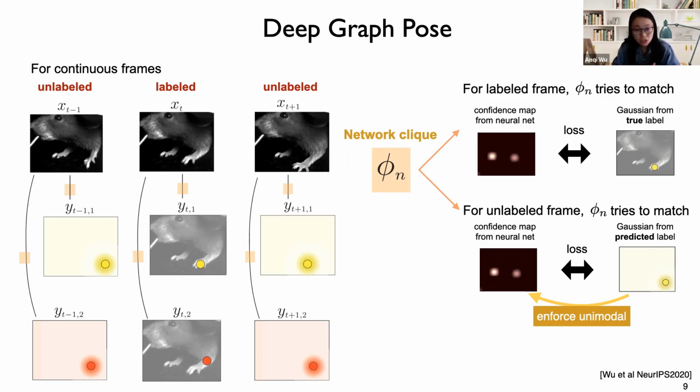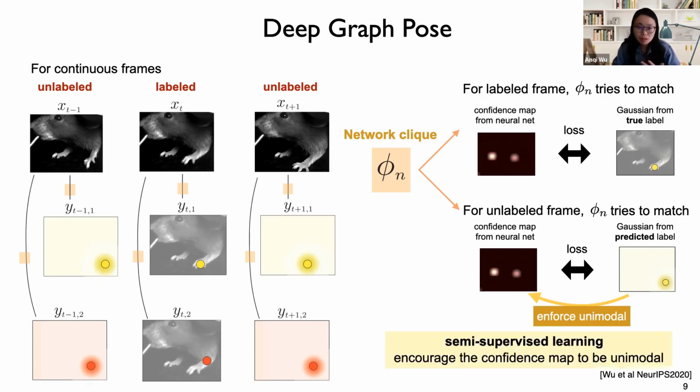This is the additional information we bring to the model. It's a structural assumption. And the model with losses over both labeled and unlabeled frames is what we call a semi-supervised learning model. It encourages the confidence map to be unimodal, and I will show how critical this unimodal assumption is in the experiment later.